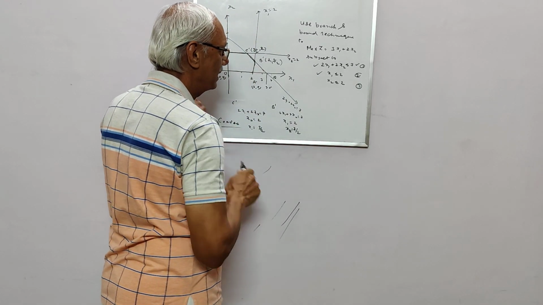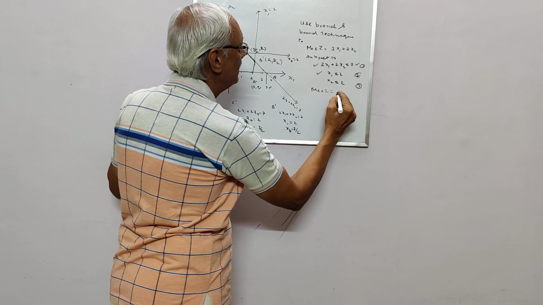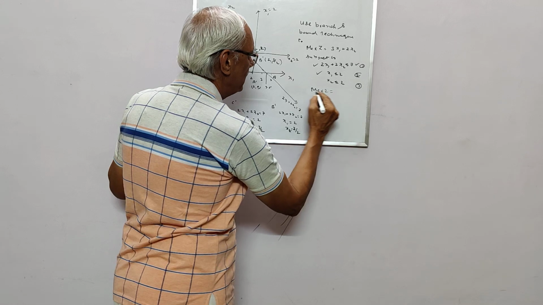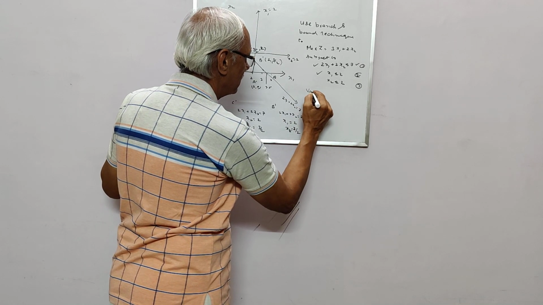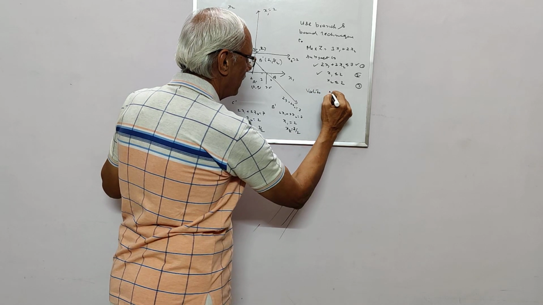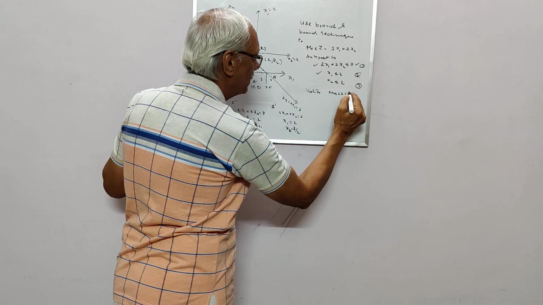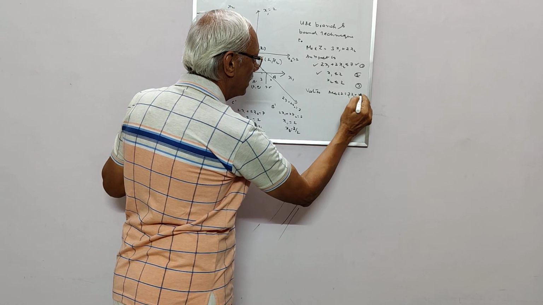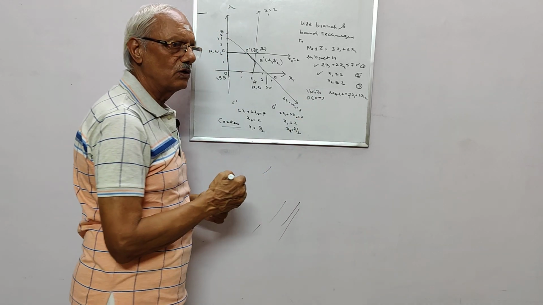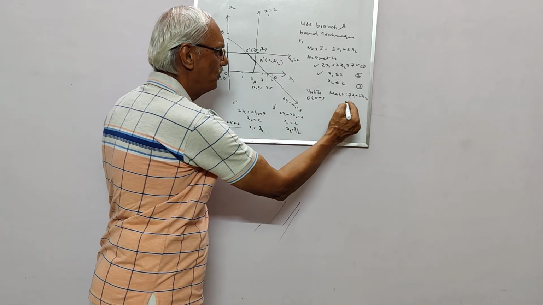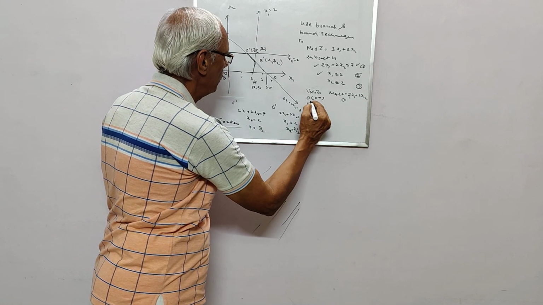So you see that max of Z is equal to 3x1 plus 2x2 at the vertices. First you take 0, 0. When you put 0, 0, it is very clear that it is 0. Then you go for what?